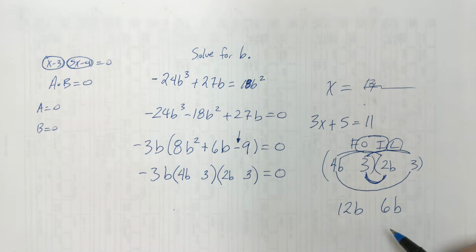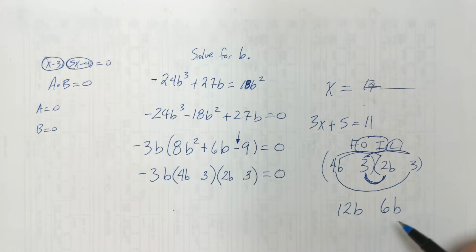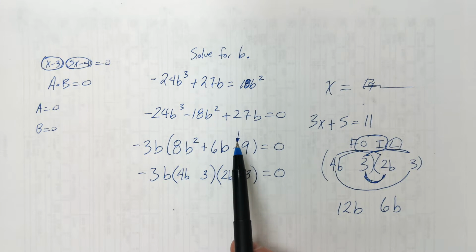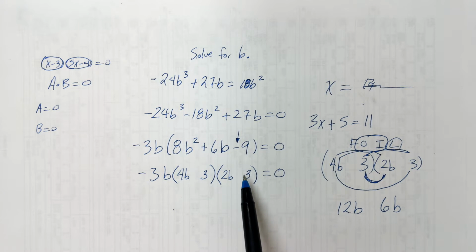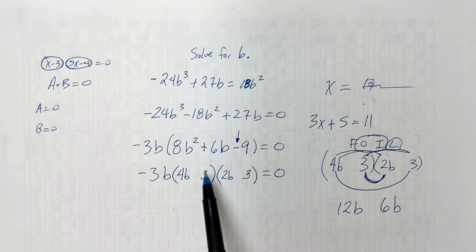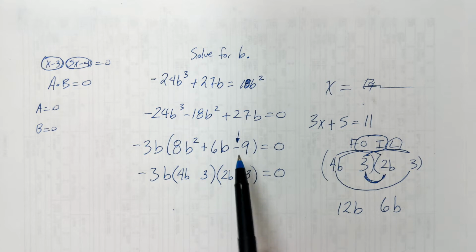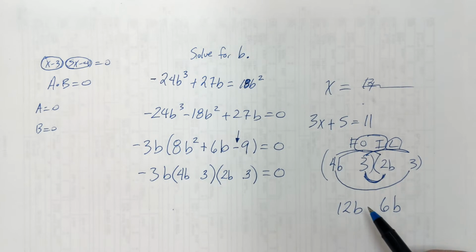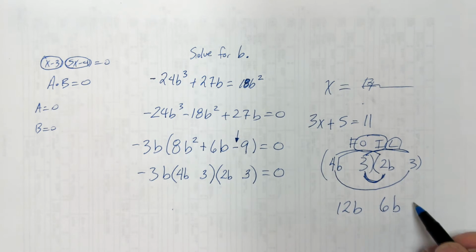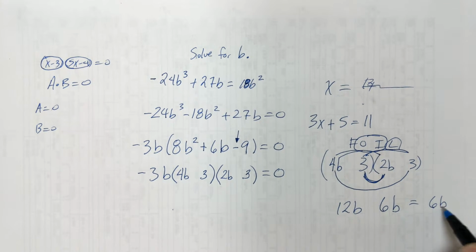Yeah, I got that too, but you said you're supposed to add them, right? Well, or subtract. It depends on the signs. Remember this is negative right here, and the way we get a negative 9 is this number times this number. If two numbers multiply together and they make a negative, they're different signs. One's positive, one's negative, which means I'm going to be subtracting. So the difference of these two is 6b.